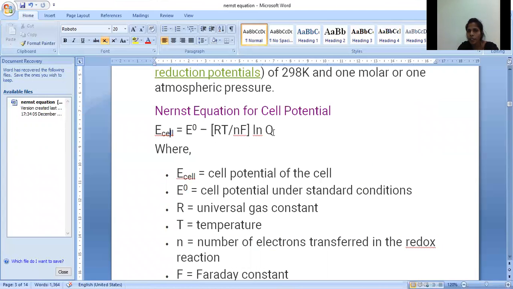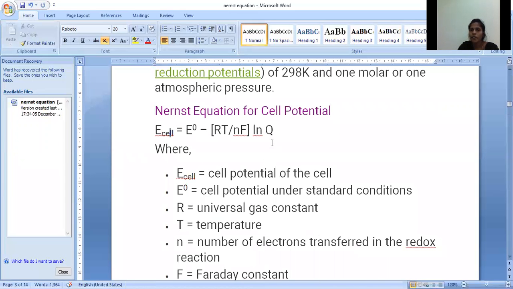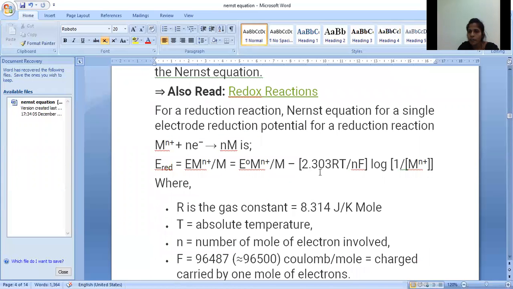RT by nF ln Q. I said this is Q. So what is extra here? The 2.303 log is extra. That means we can write 2.303 log in the place of ln. So this is the same expression, but here it is applicable to single electrode potential also.